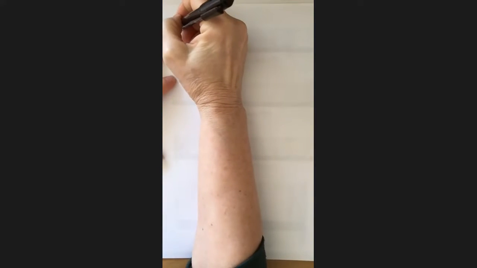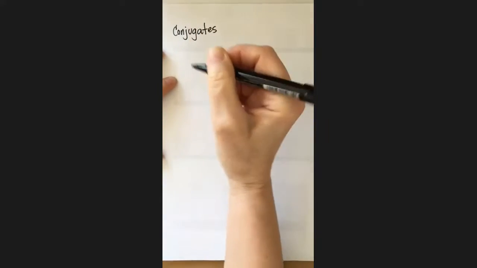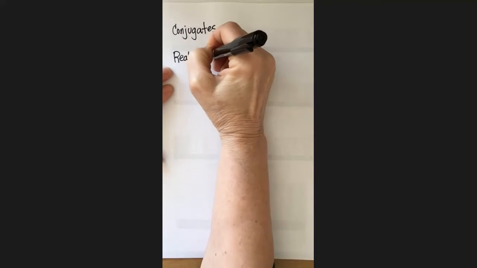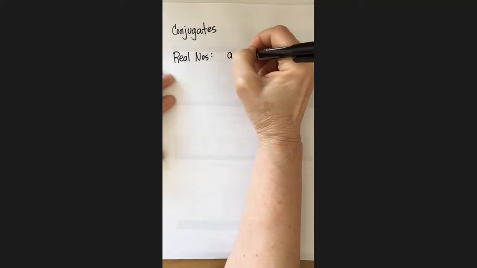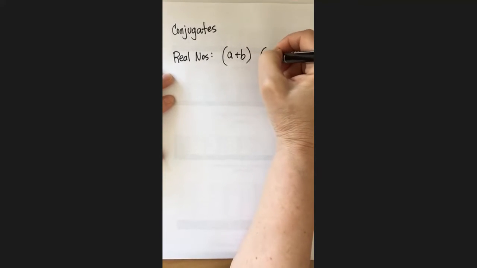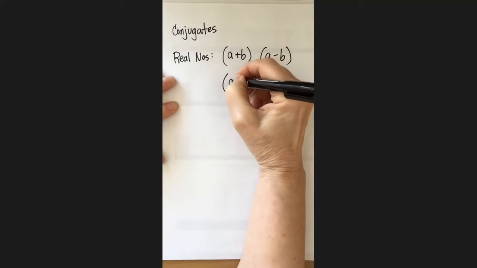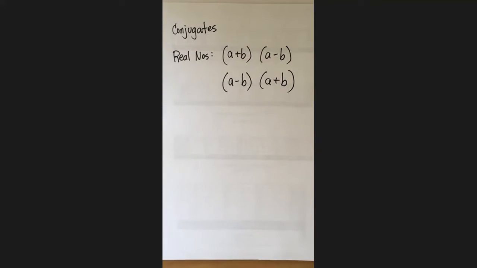First, what are conjugates? Conjugates are easier to explain by using examples. With real numbers, the conjugate of A plus B is A minus B, and the conjugate, by the same token, of A minus B is A plus B. In a pair of conjugates, the numbers are always the same and in the same order.